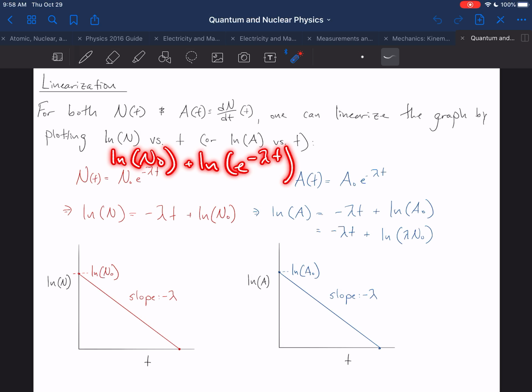But of course the log of e is just 1, and that leaves us with negative lambda t plus log of N naught.